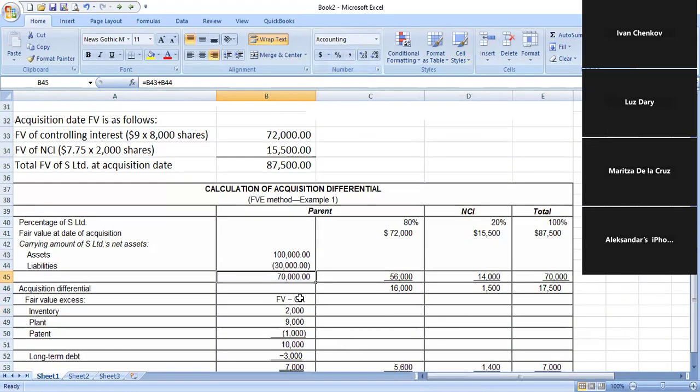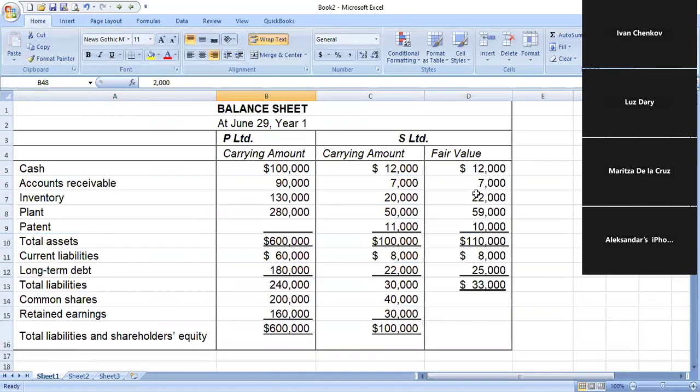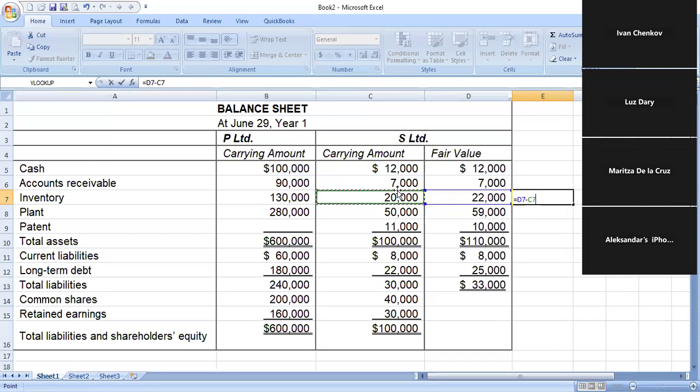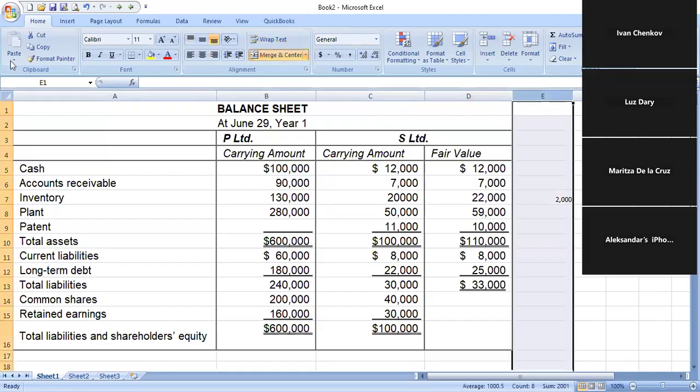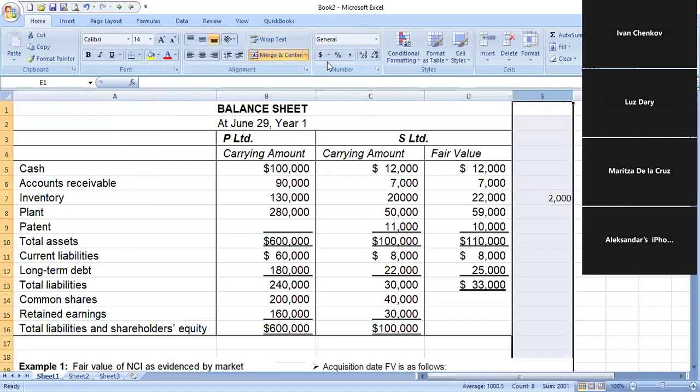Then what we're going to do? We're going to chase the fair value minus the carrying amount or the book value of all the assets that we have. So basically here we have this one minus that one. We have an increase in the inventory of $2,000.